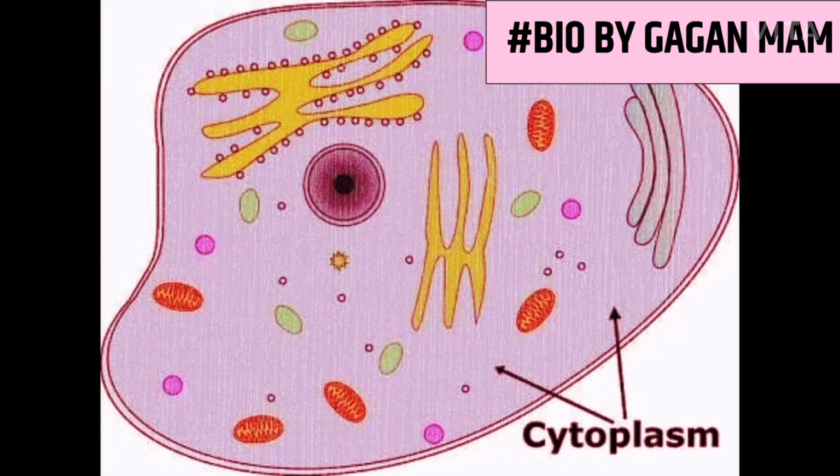Coming back to our topic cytoplasm, it's a semi-fluid, jelly-like, translucent, slightly viscous part of the cell. It contains almost 80% water and the 20% portion is responsible for its viscosity, its jelly-like nature. It includes cytoplasmic matrix, cytoplasmic organelles and cell inclusions. We have already discussed cell inclusions in detail.